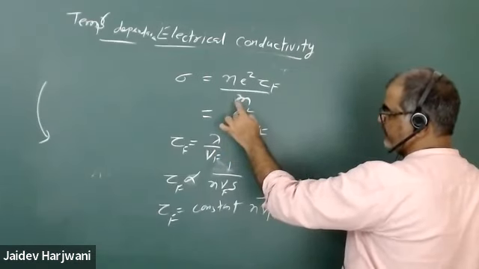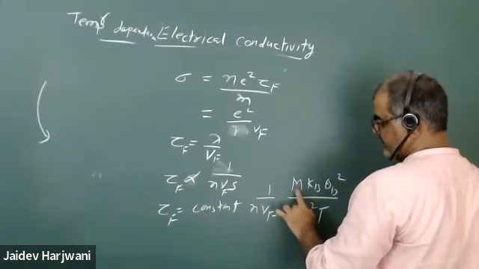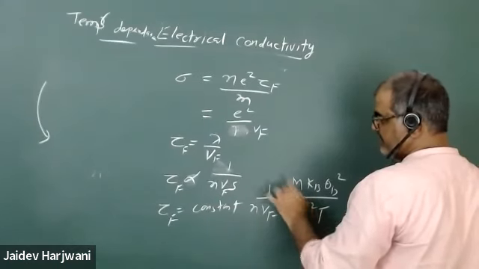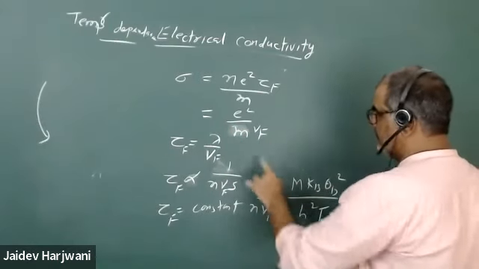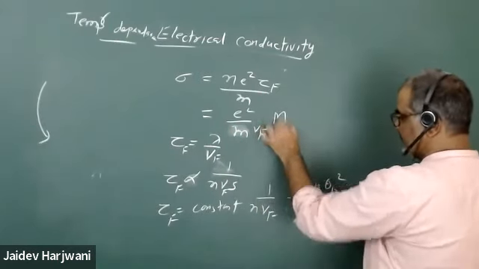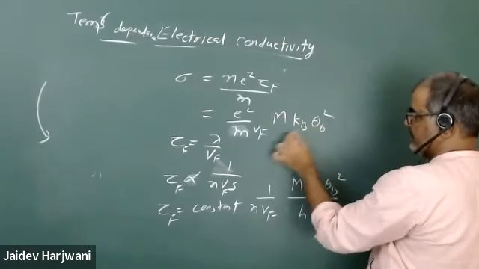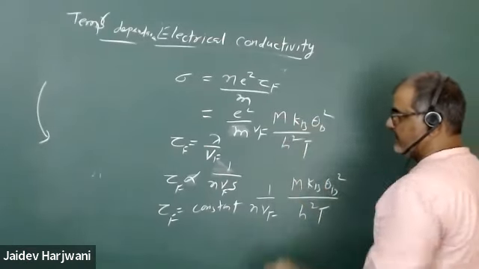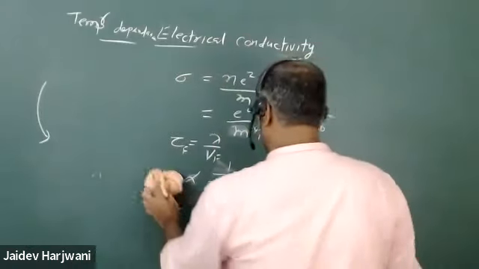This is the mass of my electron, and this is the lattice mass, so don't cancel these things. e square m v_F, with M the atom mass, k_B theta d square h square T.